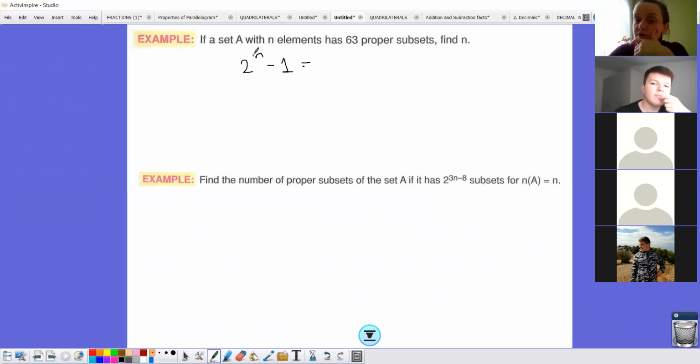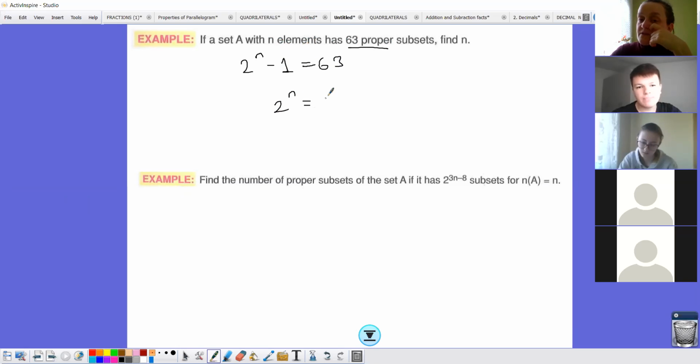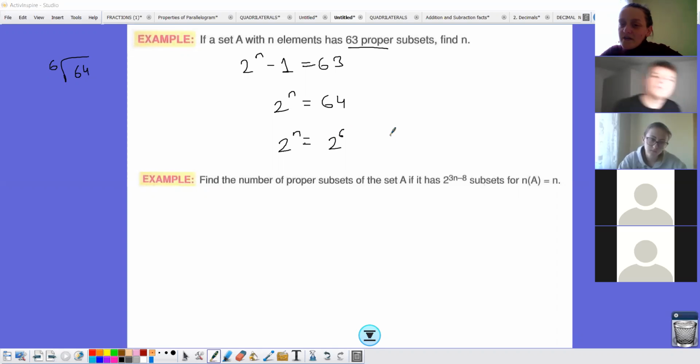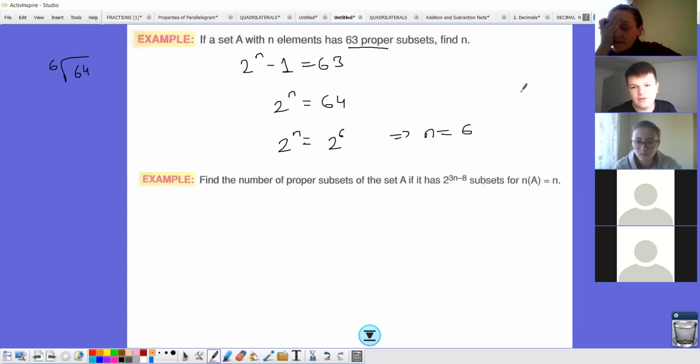So 2 to the power of n minus 1 is equal to 63. 2 to the power of n is equal to 64. 64 is 2 to the power of 6. Therefore, n is equal to 6. So A has 6 elements.